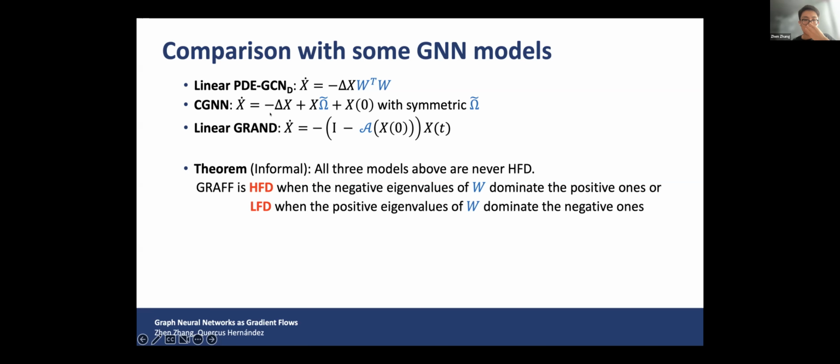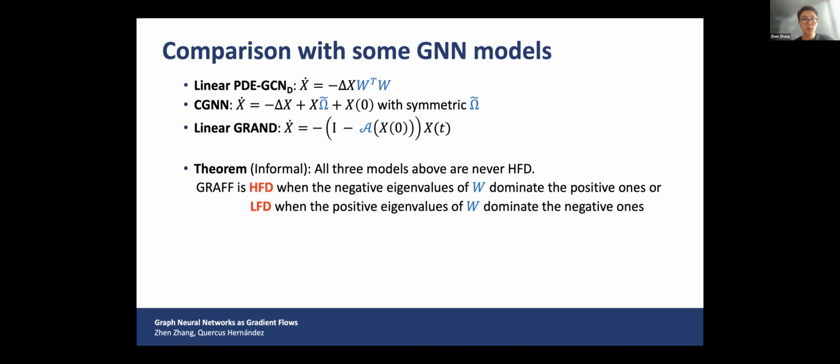The last one is the linear grand, which is the linear version of the grand paper that Quercus just described, in the sense that they didn't consider the attention module for this A. So A is not a function of x_i and x_j, so it's basically a constant matrix that is learnable.